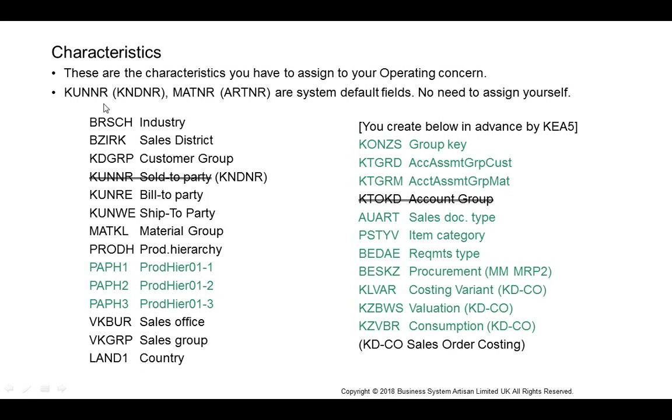I wrote here the customer code, the sold-to party, and the material number is already provided as a fixed field. We don't need to create it. Sales office and sales group are already there, and these green fields are the things we want to create from now.